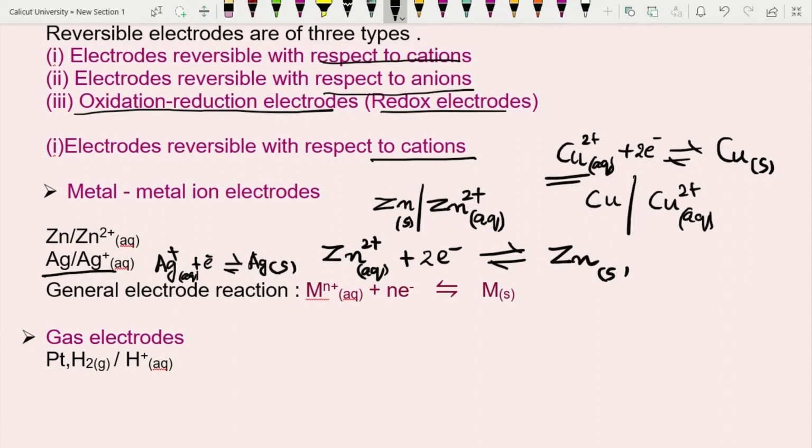Now, if there is a decrease in copper ions, what will happen? Naturally, copper goes into copper ion. So, it is the concentration of the copper ions which determines whether the electrode reaction occurs in the forward reaction or in the backward reaction.